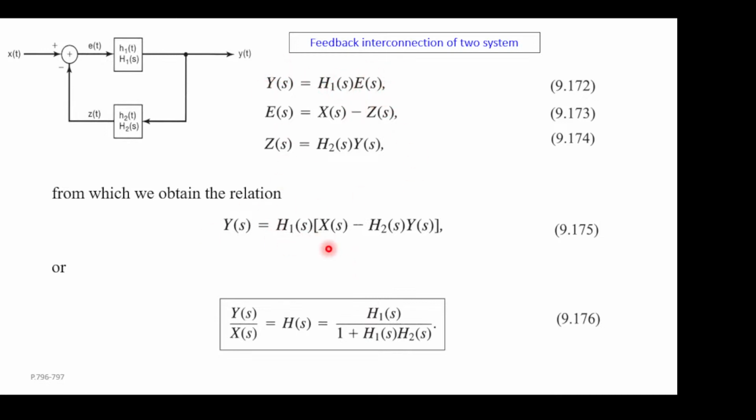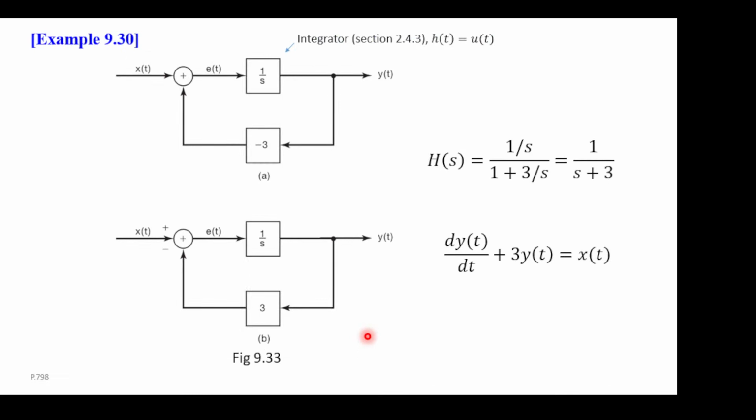Y is H1 times E. Then you substitute out E with X minus Z. Then Z is H2 times Y. So Y is this function of X and Y. And finally, we want to find the effective H, thus the ratio between Y and X. So that should be big Y divided by big X, and you should be able to move things around here, and you see that it's H1 over 1 plus H1 times H2. Okay, and we have 5 minutes, so we're going to see an example.